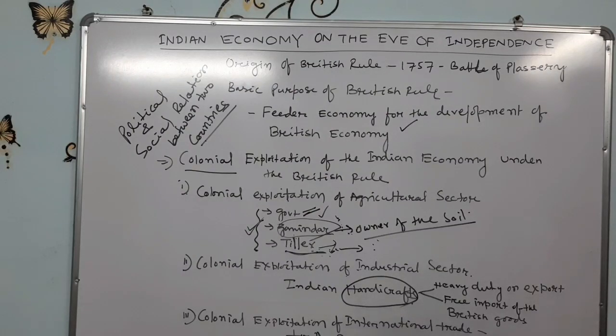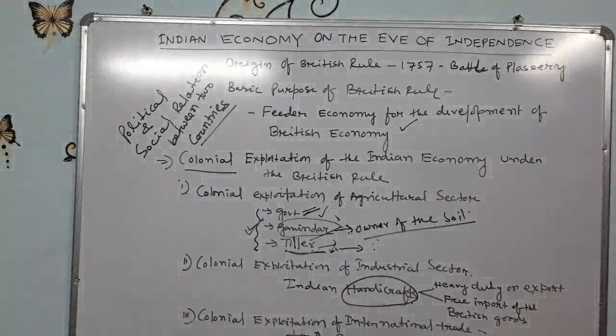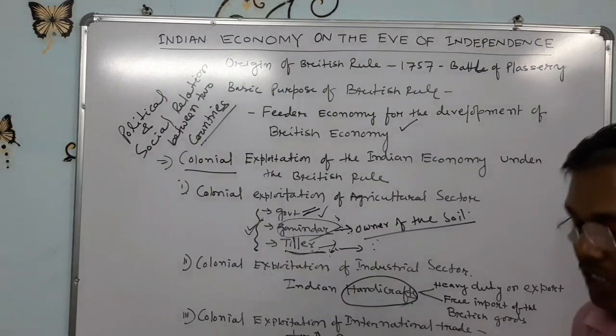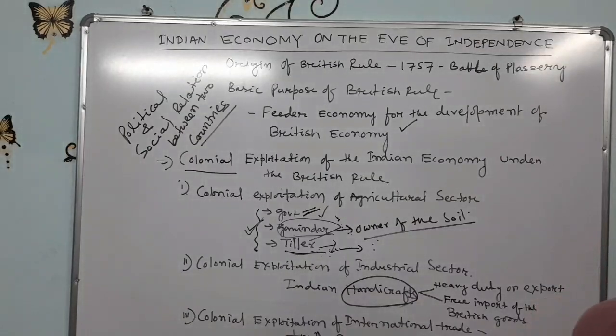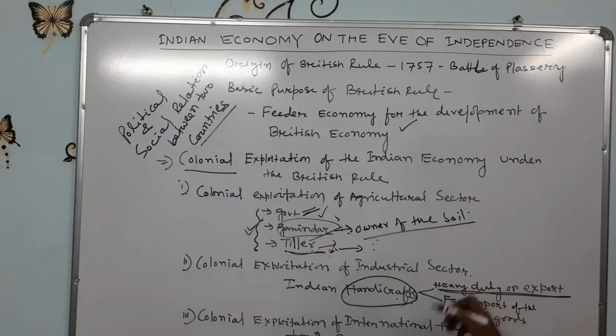But whenever the colonial exploitation started, Indian handicrafts, which had worldwide reputation for their variety and quality, were destroyed by the British government in two ways. What are these two ways? One is, whenever we exported handicraft goods, they imposed heavy duty on export goods.